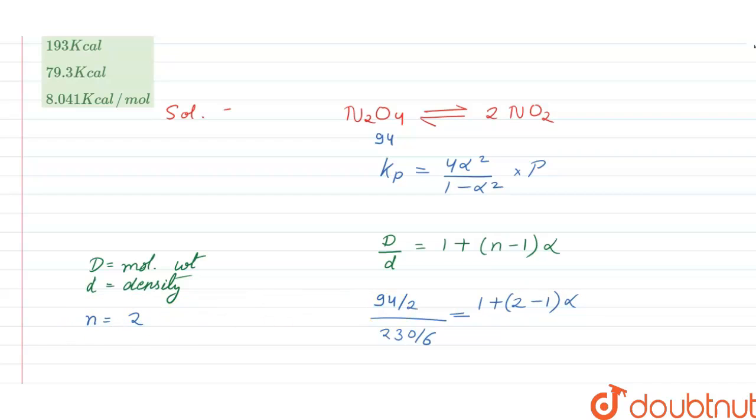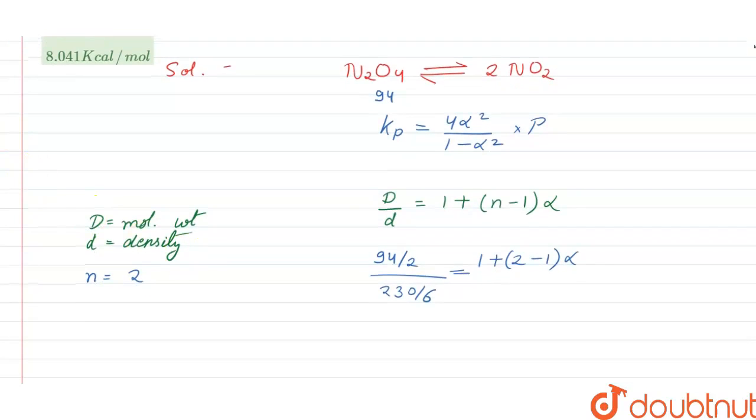So by this expression we can calculate the value of alpha. The alpha comes out to be 0.2, that is the degree of dissociation here.